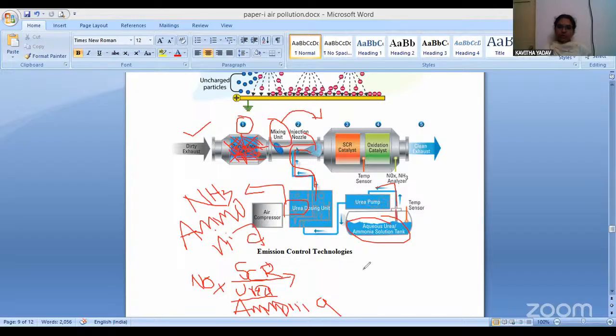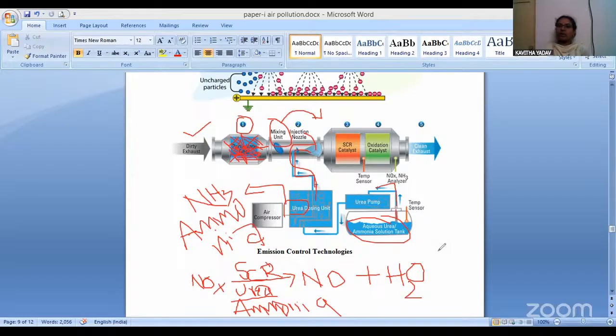It gives nitrogen plus water. So this is the reaction which takes place in this SCR catalytic region, which is chamber 3. Okay.